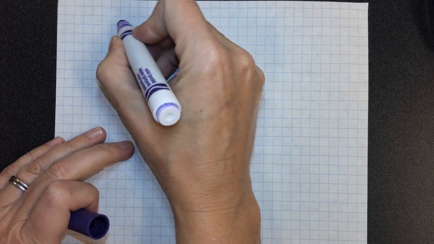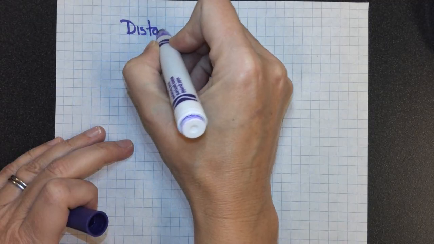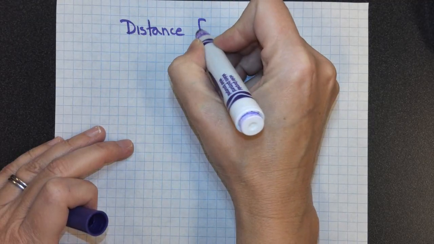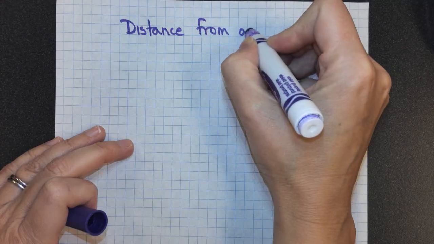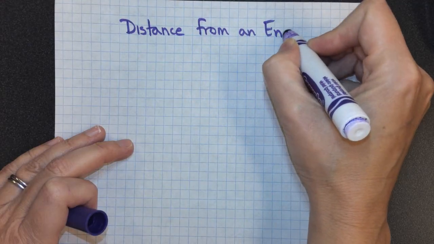We're going to solve distance from an endpoint today. So at the top of a new piece of paper in our journal, we want to start with distance from an endpoint.